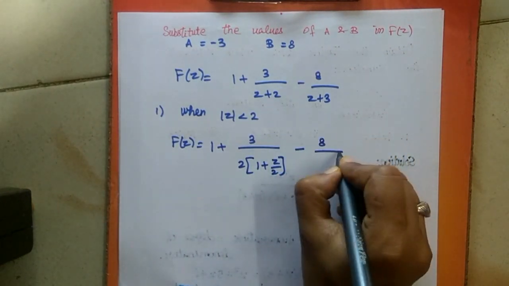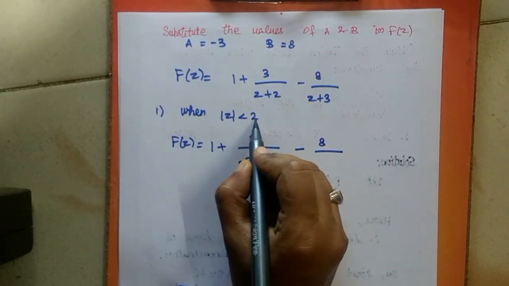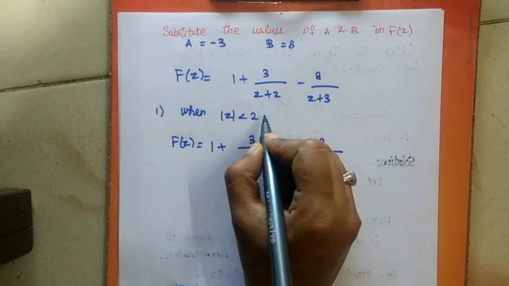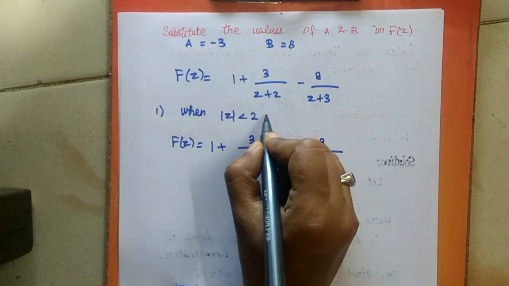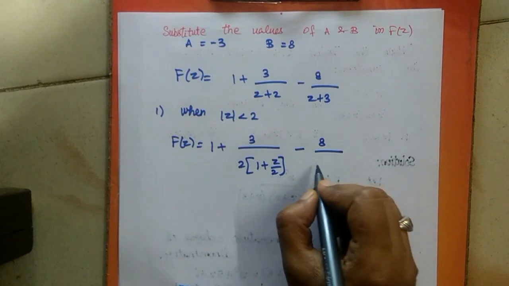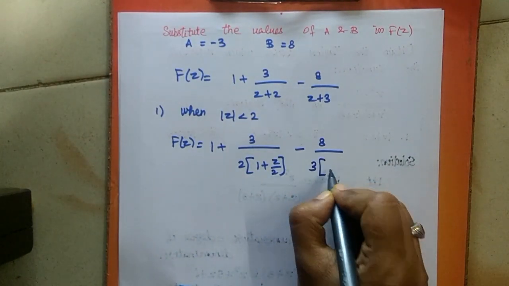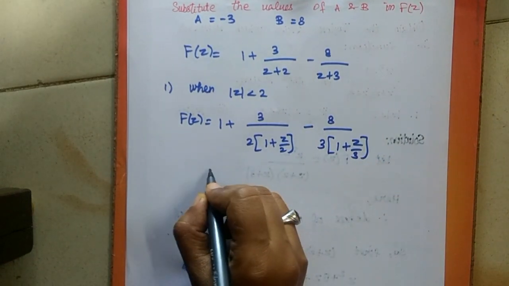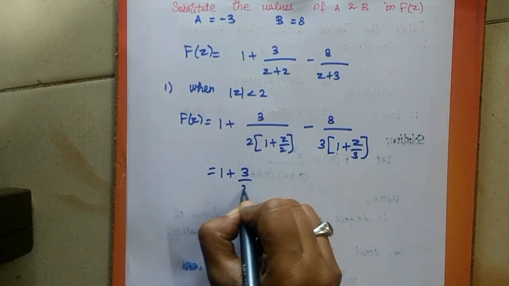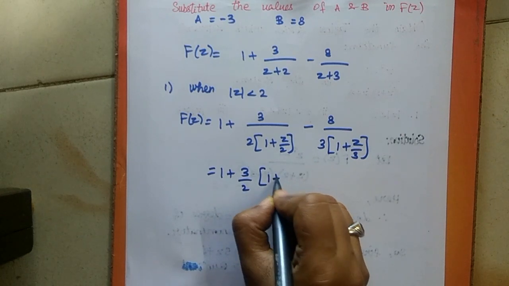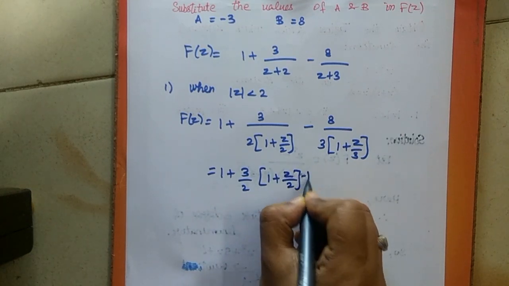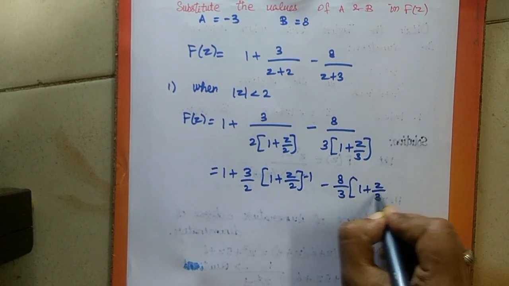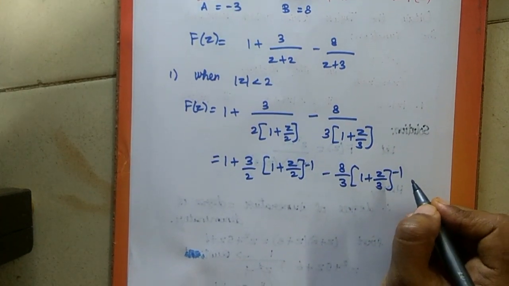Likewise 3 is greater than mod z, so we take common out 3, 1 plus z by 3. Now 1 plus 3 by 2 reciprocal, it comes inverse, 8 by 3, 1 plus z by 3 inverse term, so power minus 1.